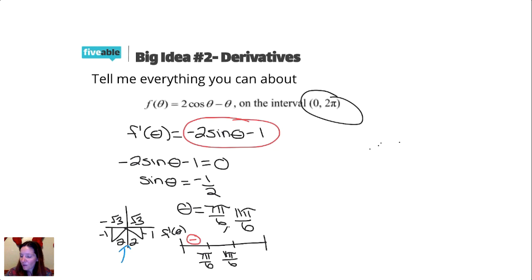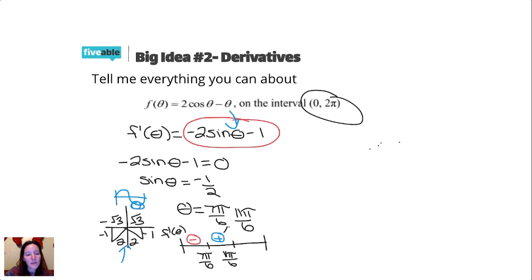So I plug that in and get negative 2 times negative 1, which is positive 2. Minus 1 is positive 1, so I get a positive value there. So now I know my function is increasing. If the derivative is positive, the function is increasing between 7 pi over 6 and 11 pi over 6.